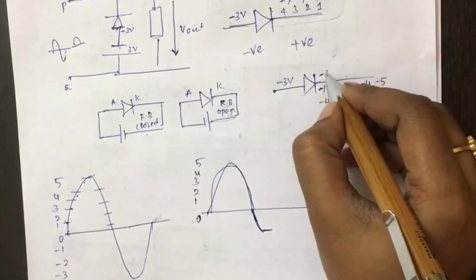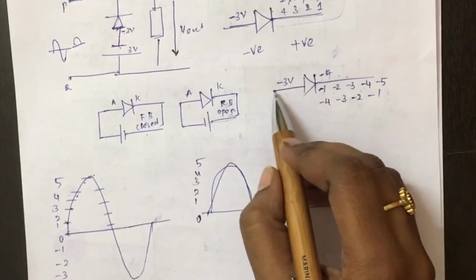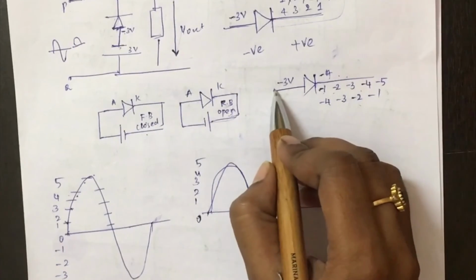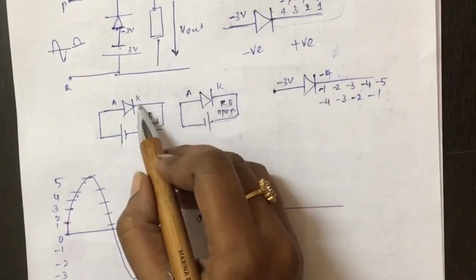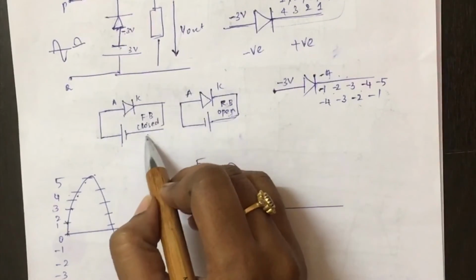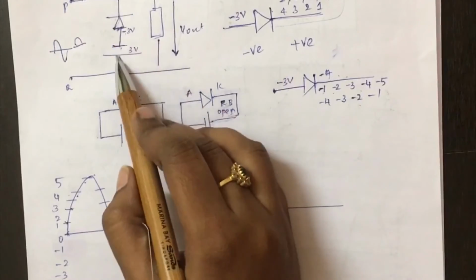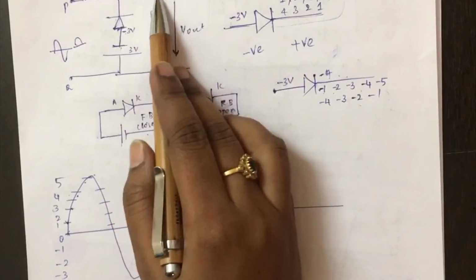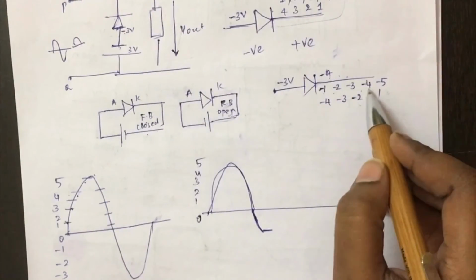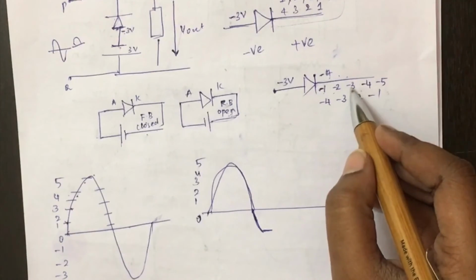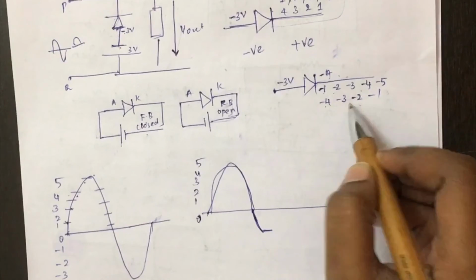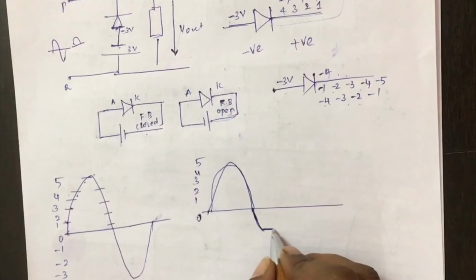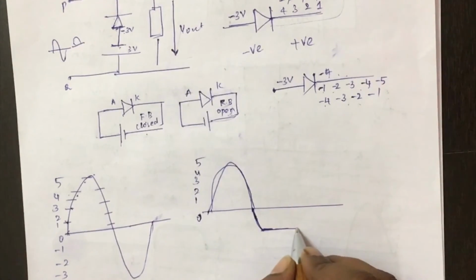Now minus 4, so when you apply minus 4, this anode becomes positive, cathode is negative, so diode is forward biased, closed condition, and the current will flow across the diode and no current will flow across the output resistor. So for all the values, if you see minus 4, minus 5, again minus 4, minus 3, till these values the output will remain the same, minus 3, because till that the diode will be in forward condition.